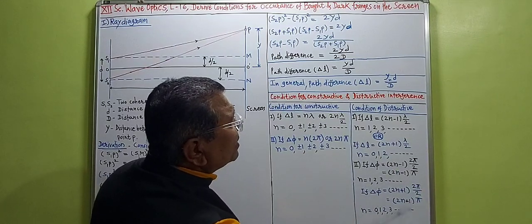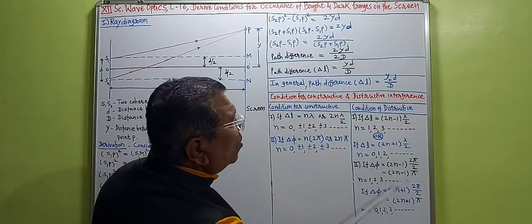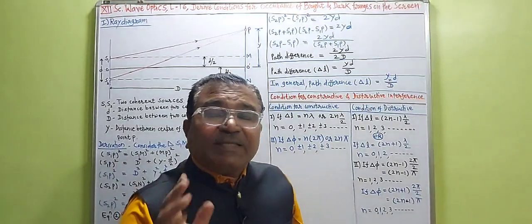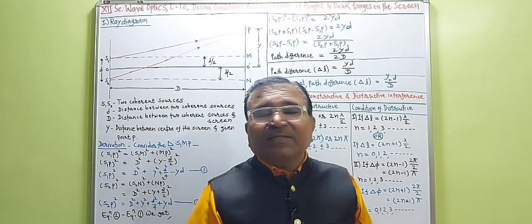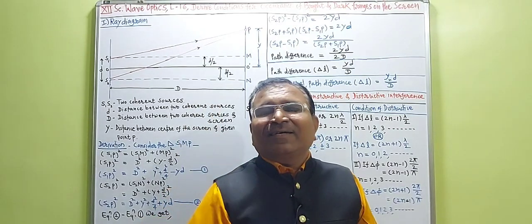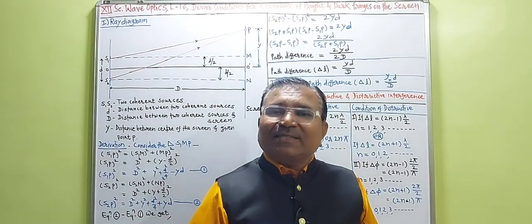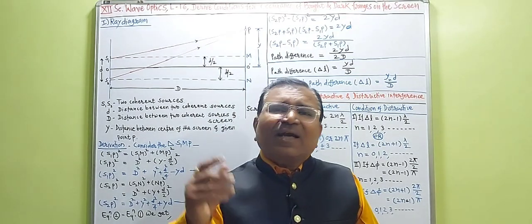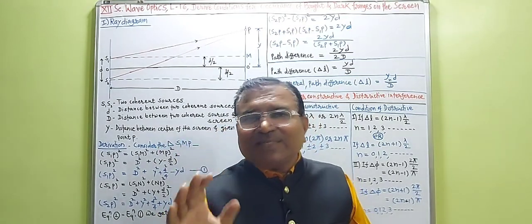In both cases, we get an odd multiple of pi. So, if the phase difference between two waves is an odd multiple of pi, at that time point P is dark and we get destructive interference.